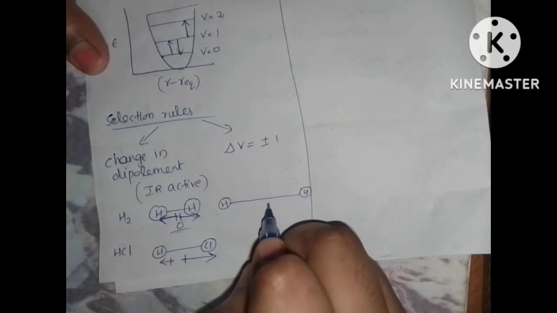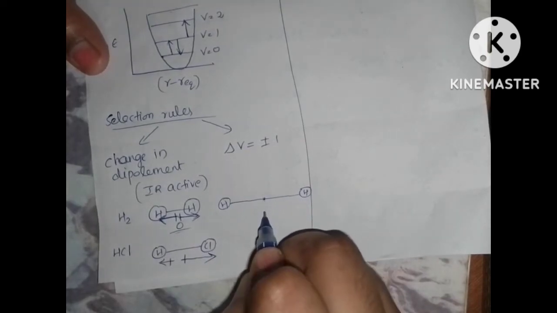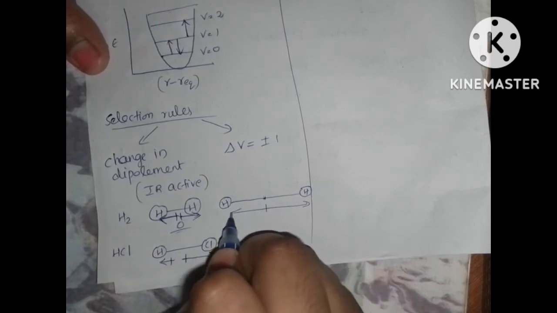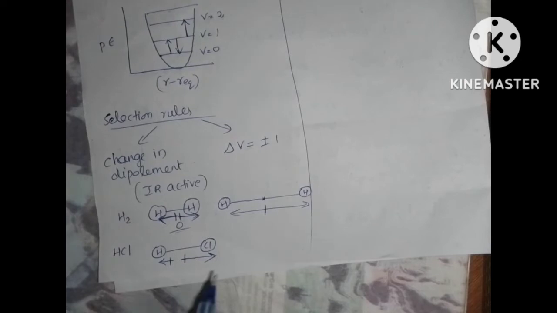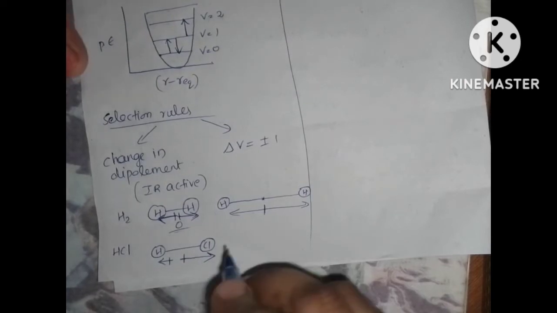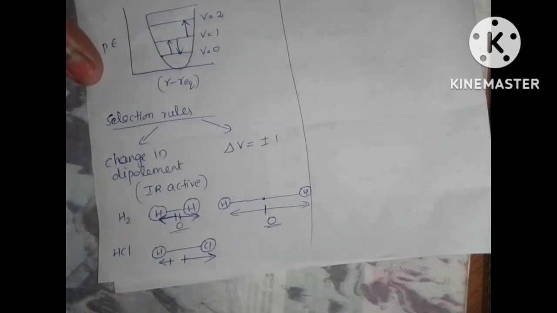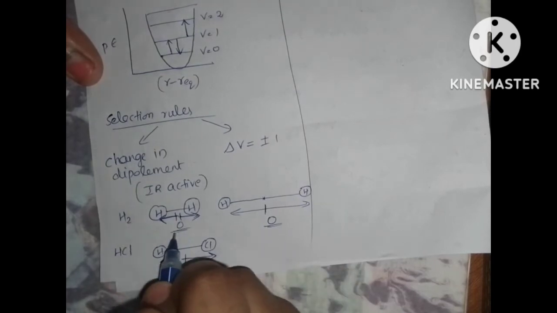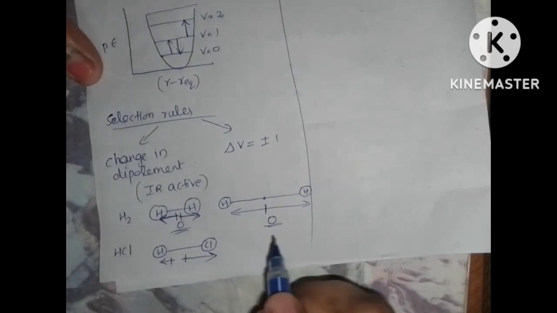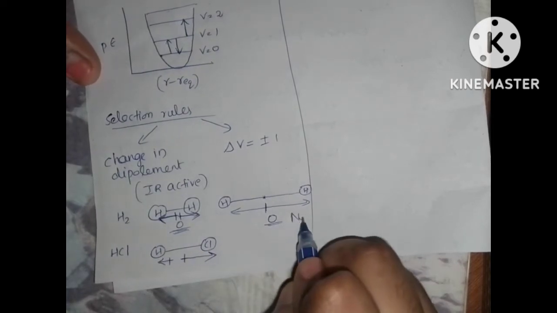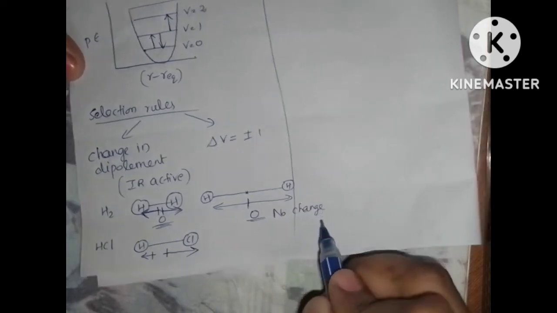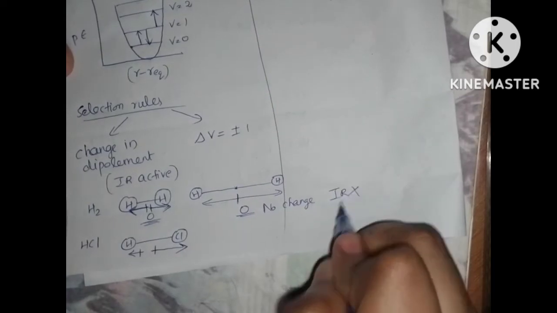And then also, while we consider a center here, the dipole moment is the same, because both the atoms are the same, so the electron pulling effect is the same for both sides. So here also the dipole moment is 0. So before vibration it is 0 and after vibration it is 0. That means no change in dipole moment, which means it is IR inactive.